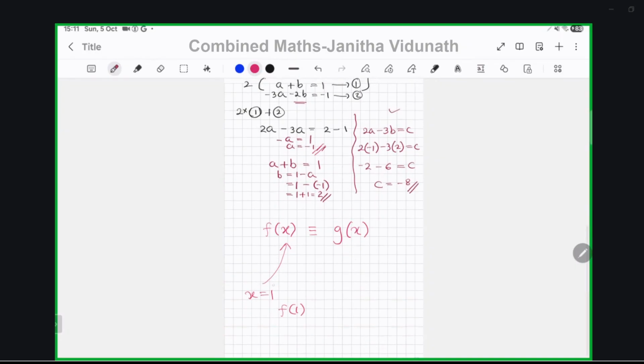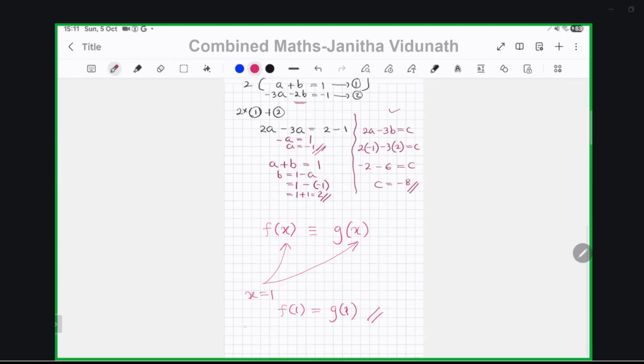And if we plug the same value into the right hand side polynomial, then those two should also be equal.